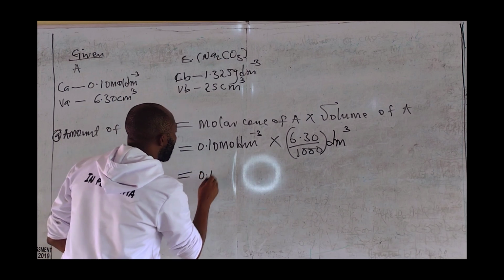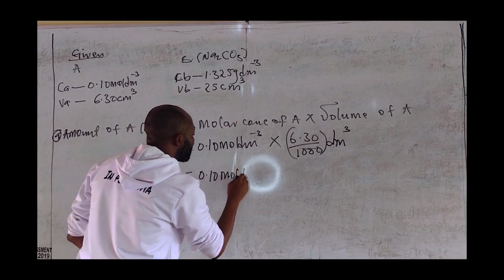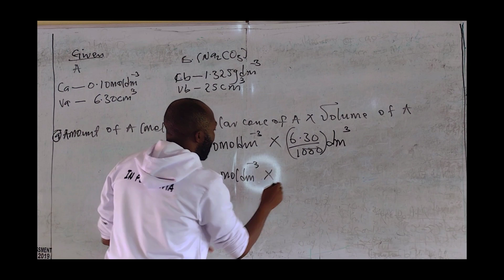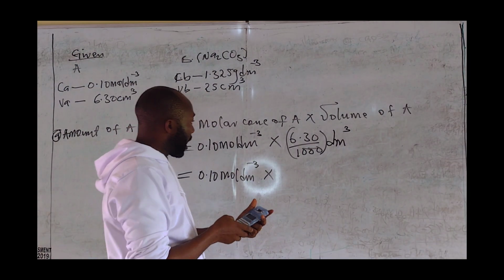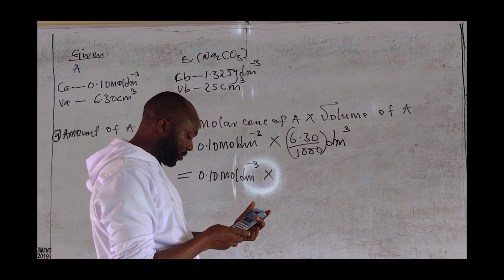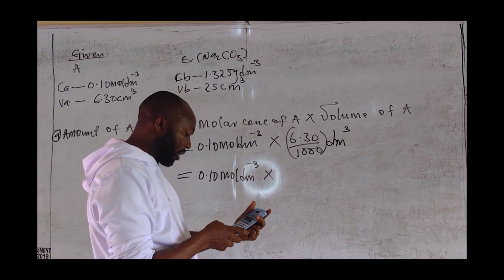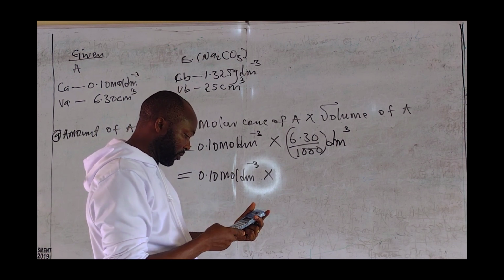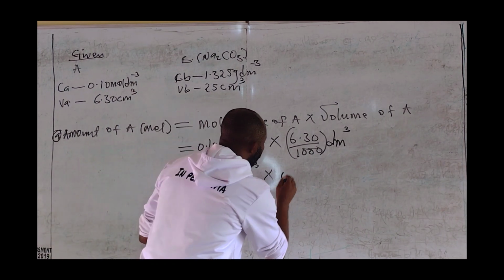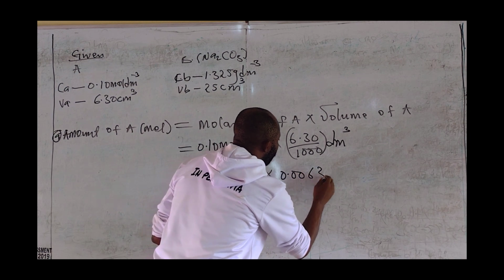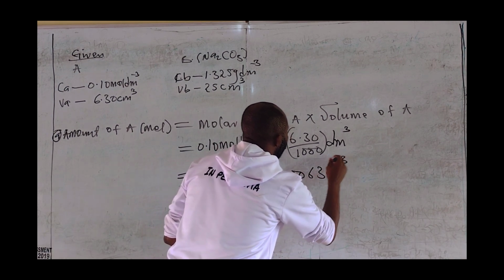So this is 0.10 mole per dm cube times, so I'm going to use the calculator. I have 6.3 divided by 1000, which is 0.0063 dm cube.